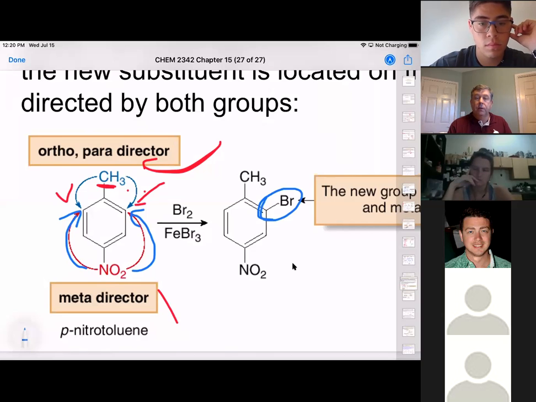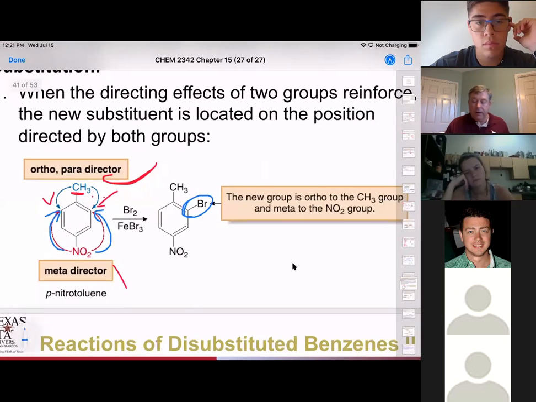So do we see why the nitro group is directing it to the same place the methyl group is directing it? So in theory, our product ratio should be like 99 to 1 for getting it in this position because both groups are directing it to the same place.